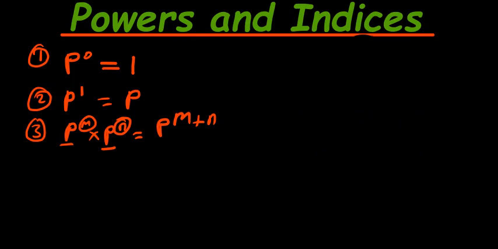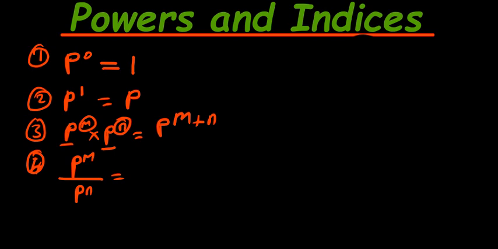Another thing you have to understand is, if you have, let's say, p to the power m over p to the power n, if you are dividing and the bases are the same, what do you do with the powers?